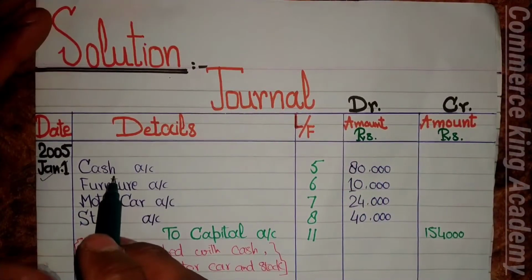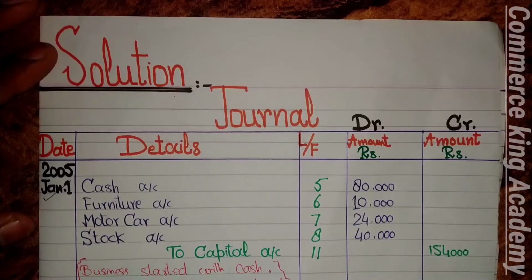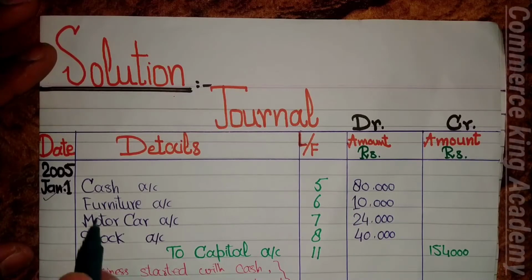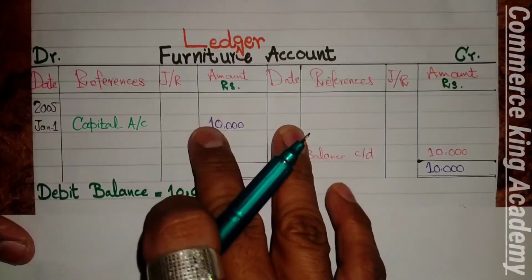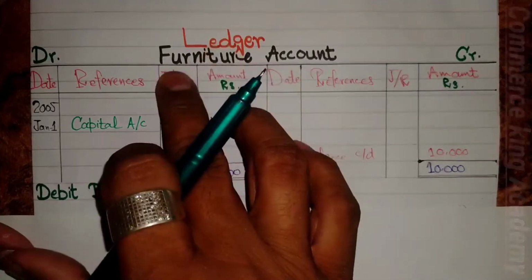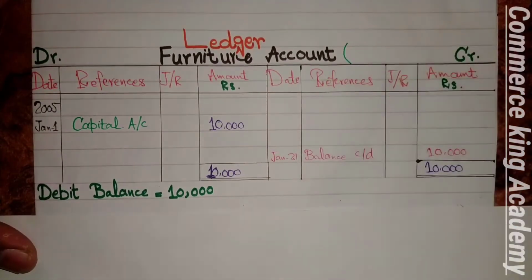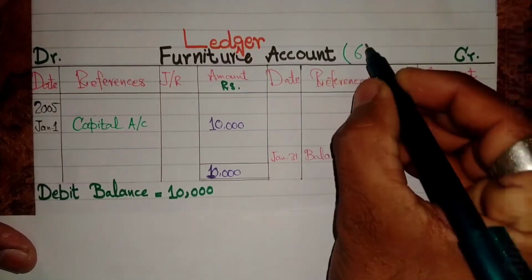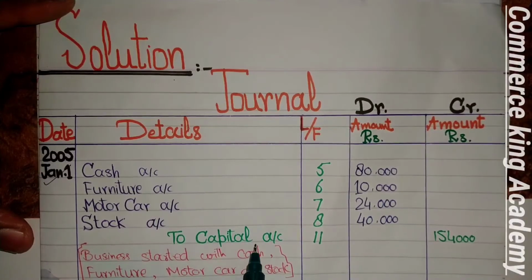Just like we have made the cash account ledger, now we will make our next account's ledger, which is furniture account. So this is the format or structure of the ledger of cash account. Furniture account number or ledger folio number is 6. So furniture account is debited here against capital account.